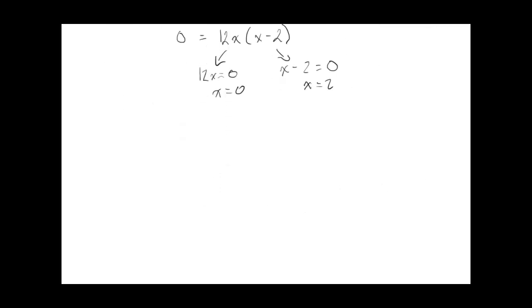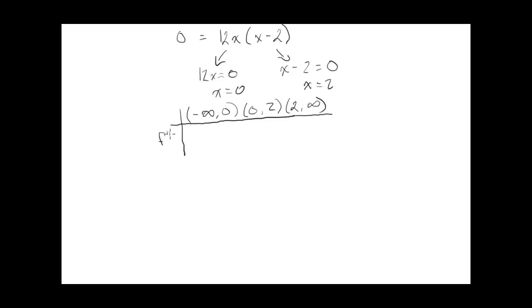So now we'll do our test for concavity, which looks a lot like the first derivative test, except we're using different intervals. So we're going to go from minus infinity to 0, 0 to 2, and 2 to infinity.